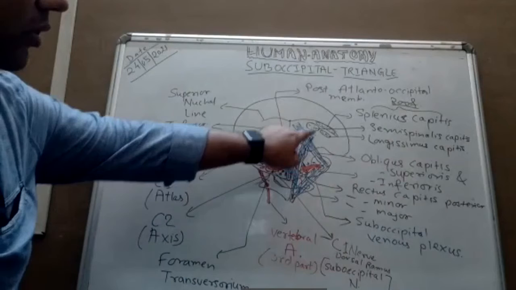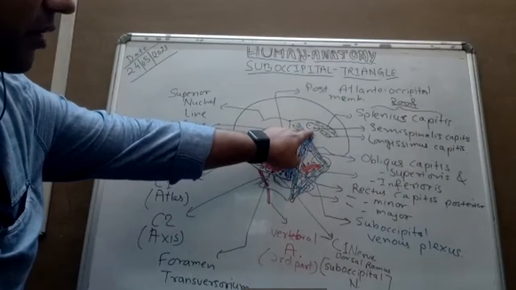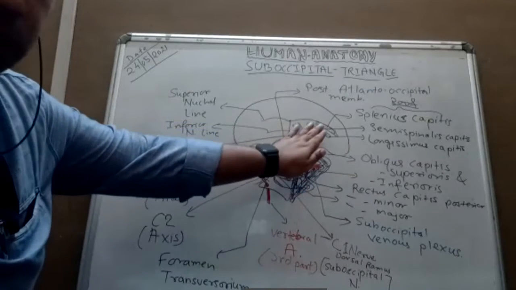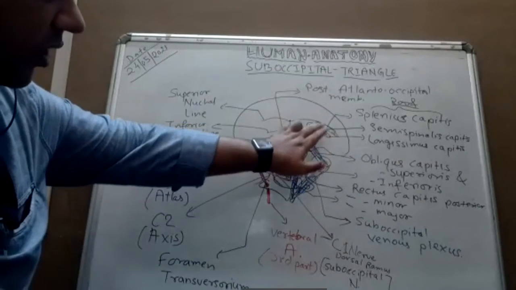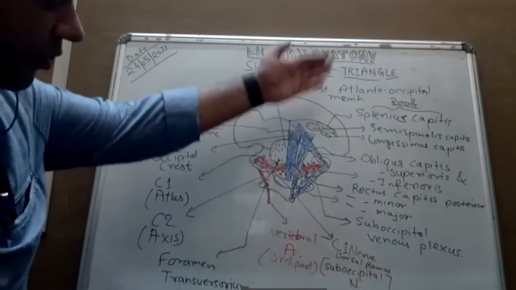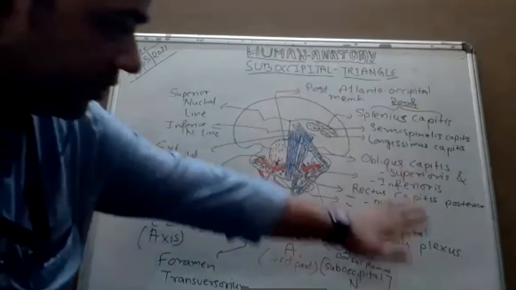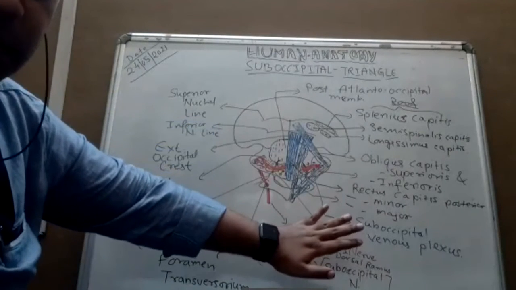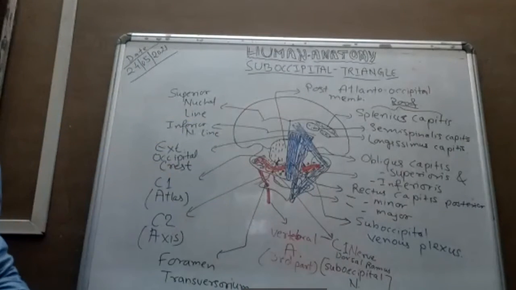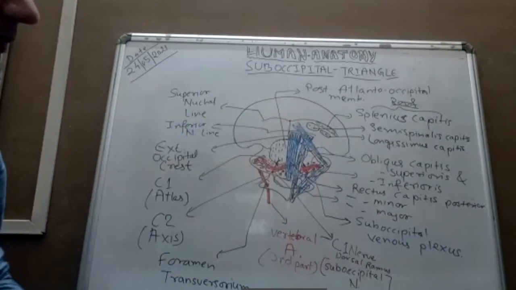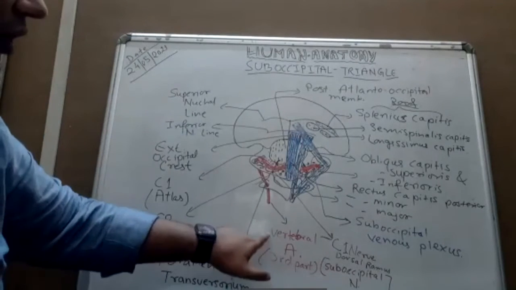Now the roof, semispinalis capitis, longissimus capitis, they will come like this, forming the roof. What will be above this? Splenius capitis, and the most superficial will be the trapezius muscle. The trapezius muscle will cover a large region of the back of the neck and upper part of the back of the trunk. Okay, so these were the roof. Okay, the contents were vertebral artery.